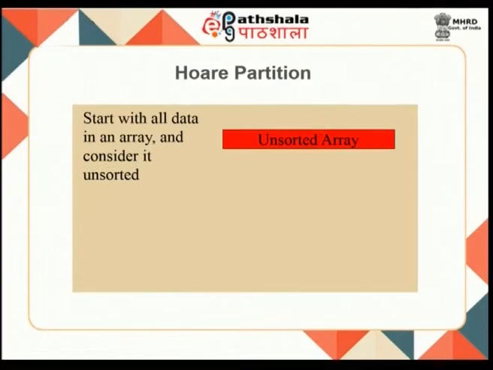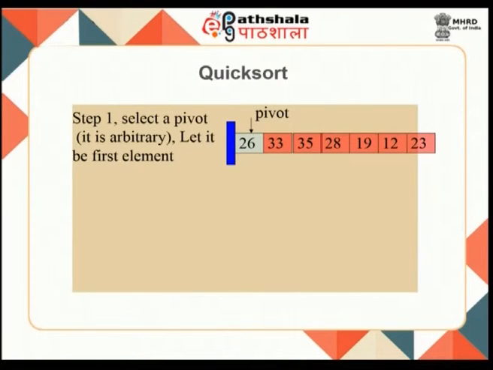Again, this algorithm takes an unsorted array as the input. So, we can select a pivot in an arbitrary manner, but let us take the first element itself as the pivot element as suggested by the original author.